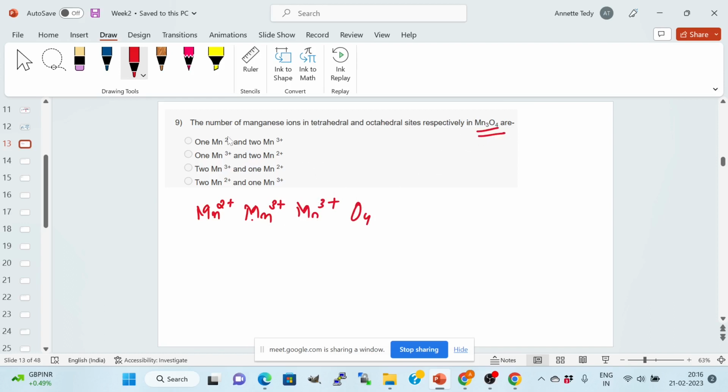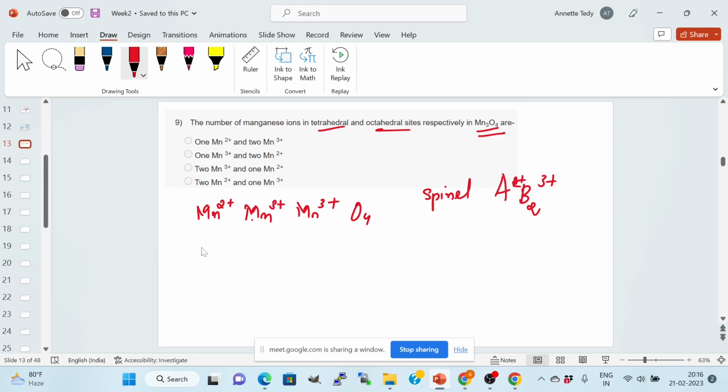Since they are asking about tetrahedral and octahedral sites, you have to know that they are talking about spinel, and spinel generally has A2 plus B3 plus structure, but there will be 2 B. Since all are Mn here, one Mn will be in 2 plus, and the other 2 Mn will be in 3 plus.